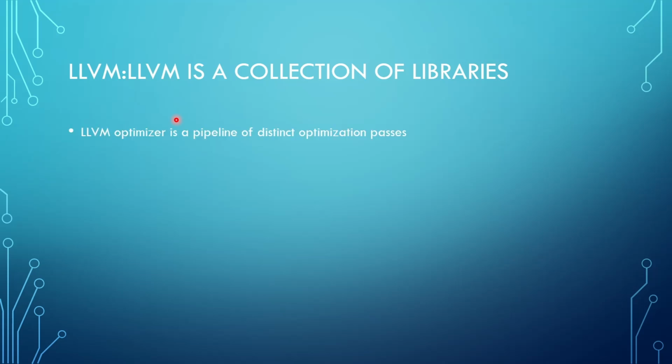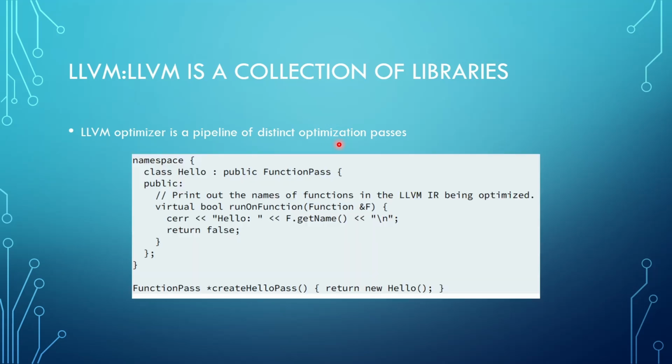The LLVM optimizer is a pipeline of distinct optimization passes, each of which has a chance to process the IR and do some transformations. Common examples of optimization passes are inliner, loop invariant code motion, etc. Each of these LLVM passes is written in a C++ file that has a bare bones structure similar to this.